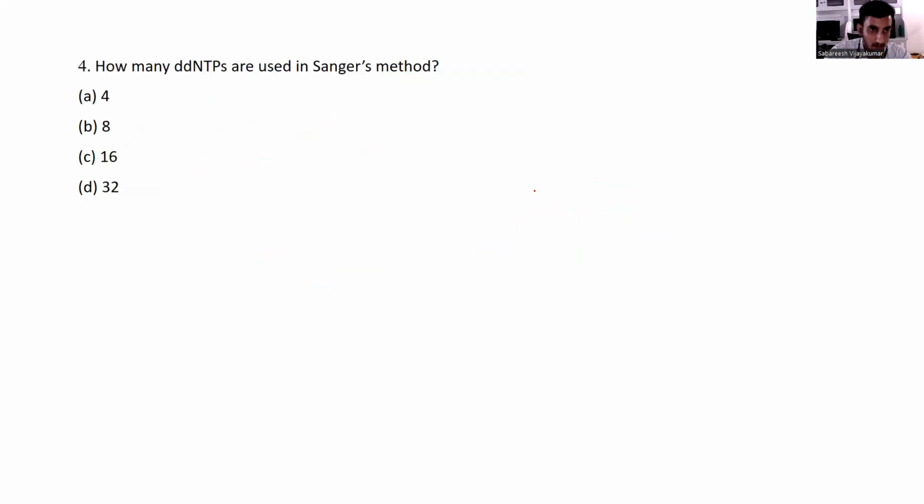Okay. To the next question. How many ddNTPs are used in Sanger's method? So what is ddNTP? ddNTP means the dideoxy nucleotide.